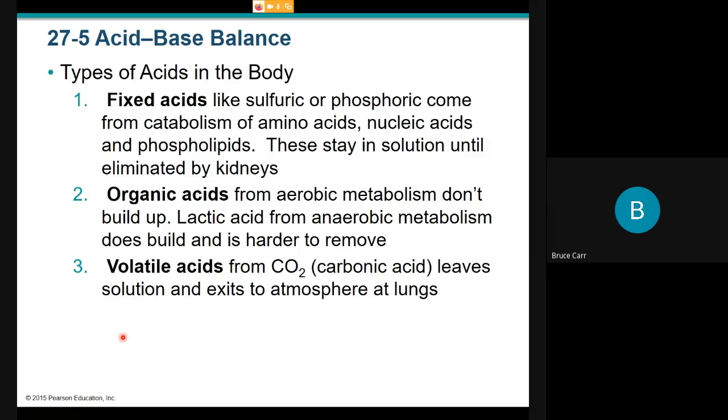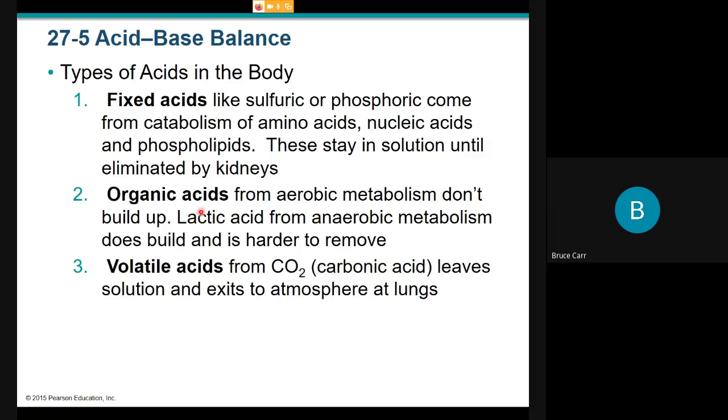Organic acids from our aerobic metabolism do not build up in our bodies. Lactic acid from anaerobic metabolism does build up and is harder to remove. If you have an anaerobic exercise, overstraining your muscles, you're going to get sore. It's going to take a matter of days to clear that out for that soreness to disappear.